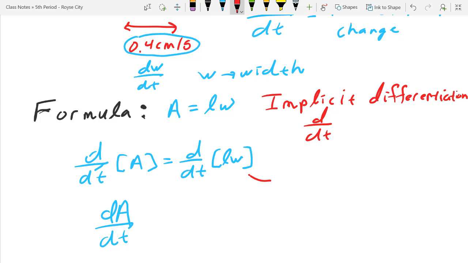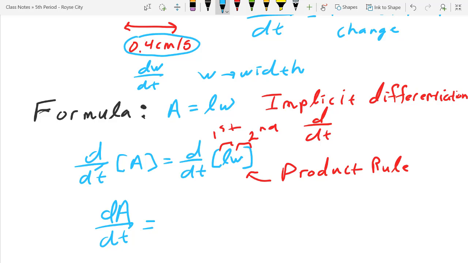However, this derivative here is going to have to be found via the product rule, because we've got these two things being multiplied together, the L and the W. Again, this is all implicit differentiation.